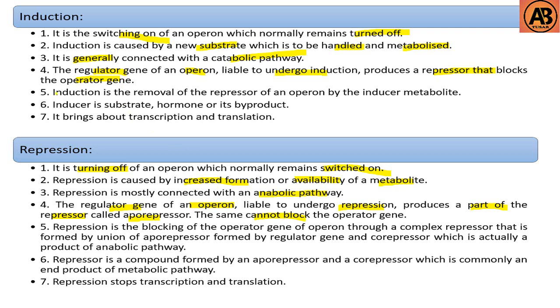Fifth difference: induction is the removal of the repressor of an operon by the inducer metabolite, and repression is the blocking of the operator gene of an operon through a complex repressor that is formed by the union of the aporepressor formed by the regulatory gene and the co-repressor, which is actually a product of an anabolic pathway.